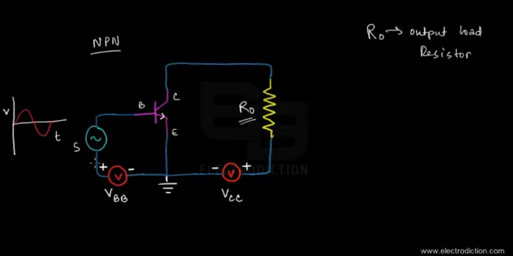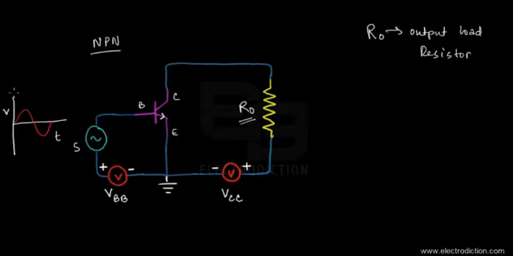That forward biases the base emitter junction, so that the signal may pass unhindered into the BJT. At the output end, we also have the biasing voltage source known as VCC, as you can see over here.